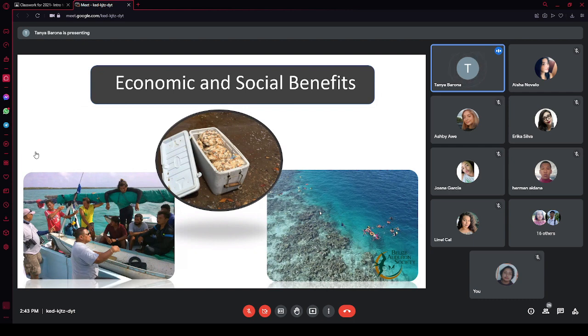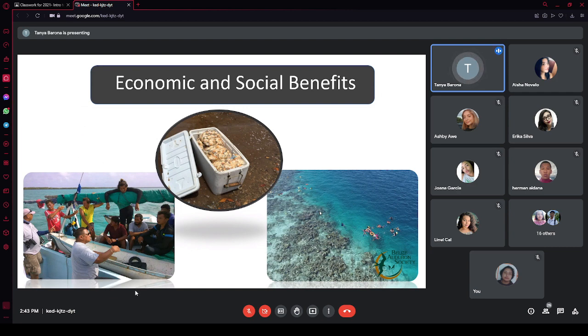And the picture to the right is of course tourism. They're snorkeling. They're having fun and they're enjoying the scenic beauty of our marine areas. So like Ms. Tanya mentioned, imagine in a few years, this stony coral tissue loss disease just starts spreading and killing off these stony corals.